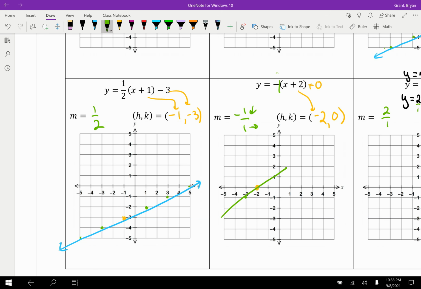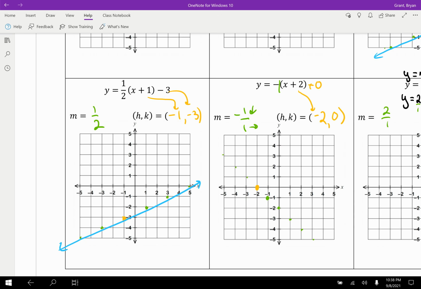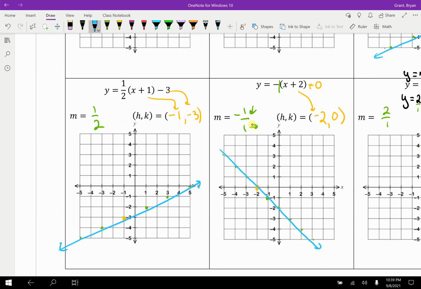It can't go in an upwards direction because it has a negative slope, and we know negative slopes go down this way. So I know I have to go down 1 to the right 1 to make the line go in a decreasing or downwards direction. Just quickly putting a bunch of guide points on here, and we're going to go through and connect them like so.